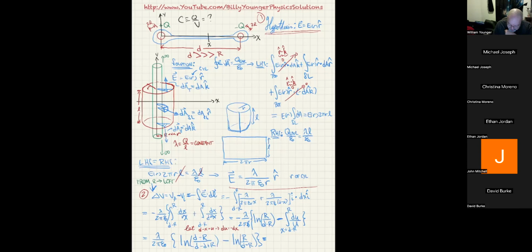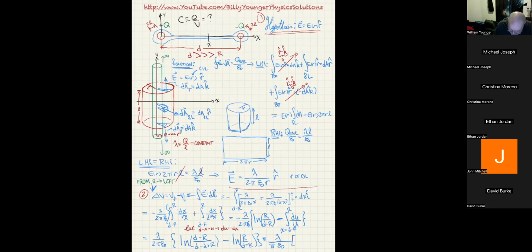I could flip that over and make it d minus r over r just by changing the sign, and then I'd add those two, and that of course would get rid of the 2 in the 2 pi epsilon naught. So I'd ultimately have just lambda over pi epsilon naught times ln of d minus r over r plus ln of d minus r over r.